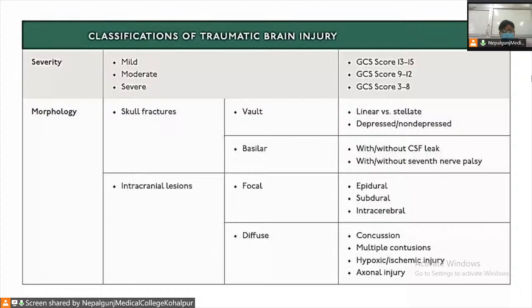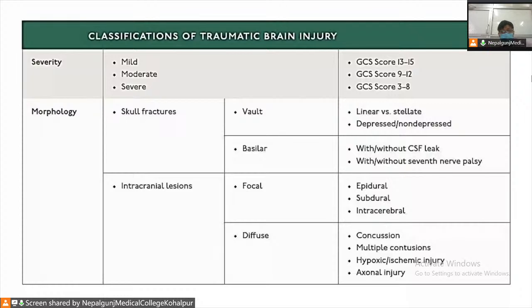Now, traumatic brain injury is categorized into mild, moderate, and severe depending on the Glasgow Coma Scale: 13 to 15 is mild, 9 to 12 is moderate, and 3 to 8 is severe. Morphologically, we look for skull fractures and intracranial lesions.